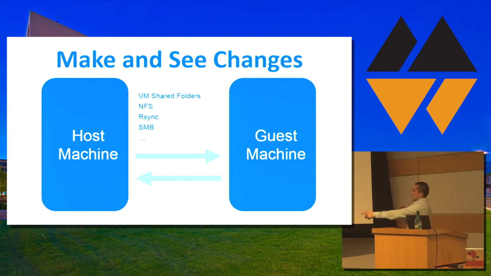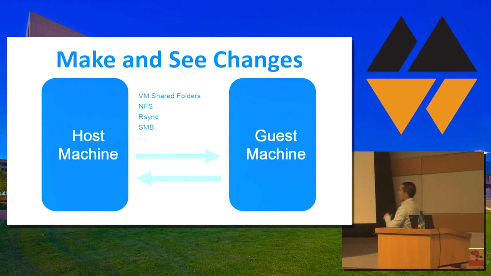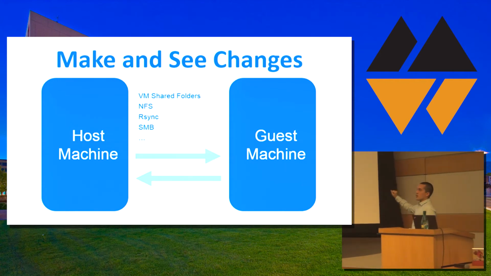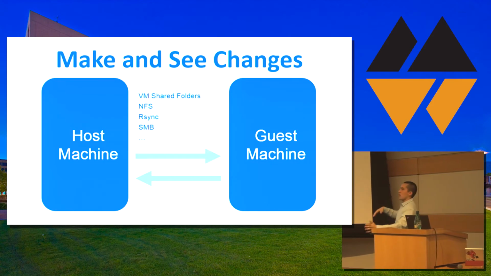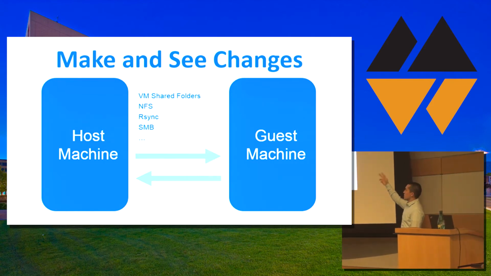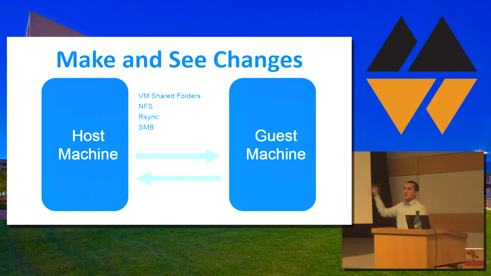You want to be able to make and see changes, so you want that golden circle. The way Vagrant solves this is it splits the concept between a host machine, which is the thing running Vagrant, and the guest machine, which is the thing running your code, which could be, again, a VM or another computer or a cloud thing. And it uses a synced folder abstraction to usually get a bidirectional sync of files.